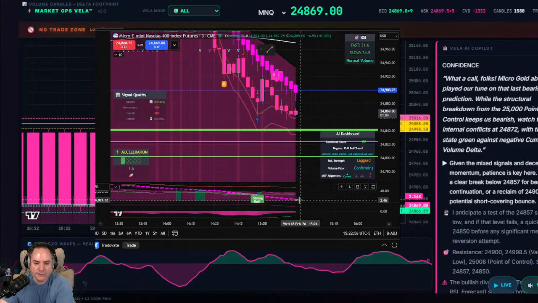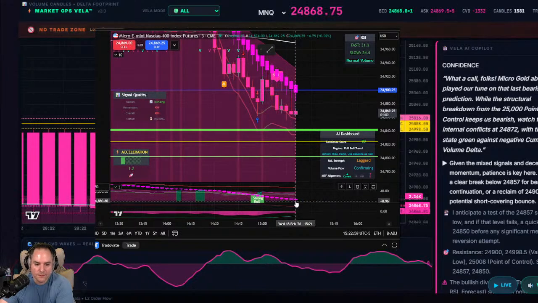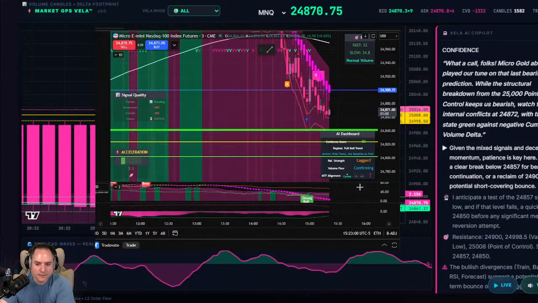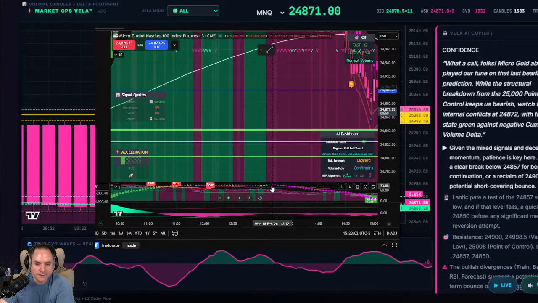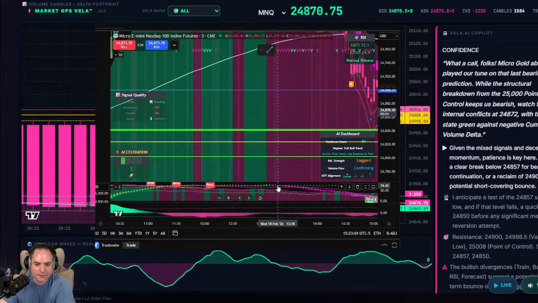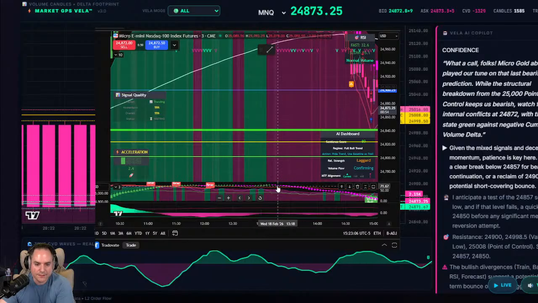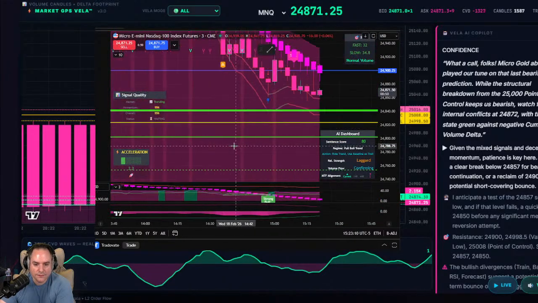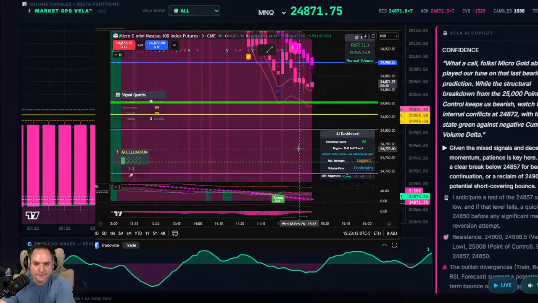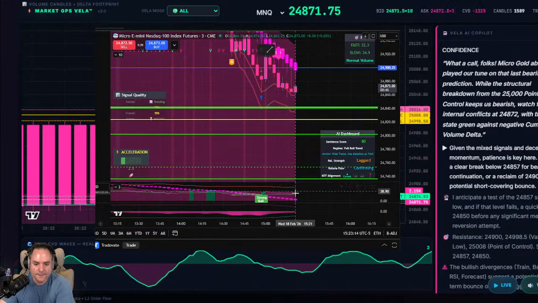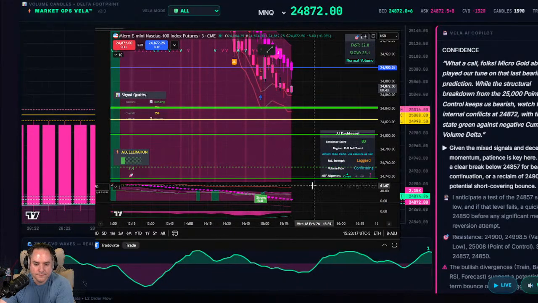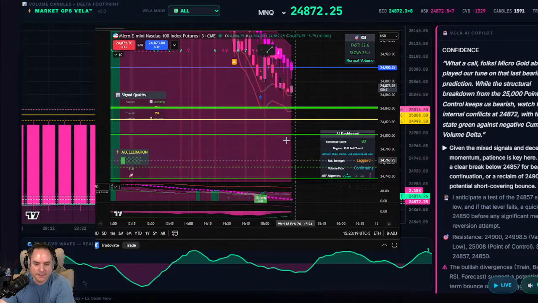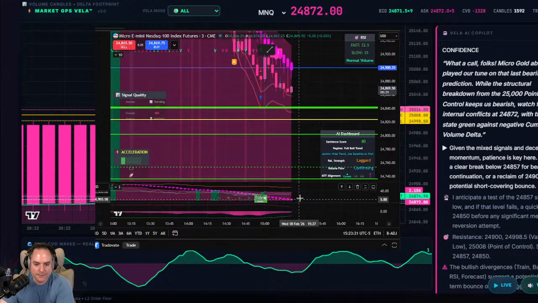I want to see these trend candles honestly smaller. Like if you see this at the top here, they get real tiny and then they turn into like a plus sign here. That's really what I want to see for these trend candles here at the bottom, for some kind of decent reverse to the top here.